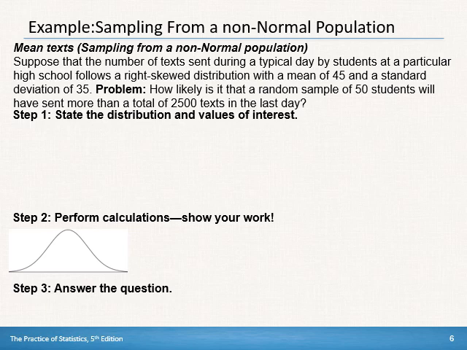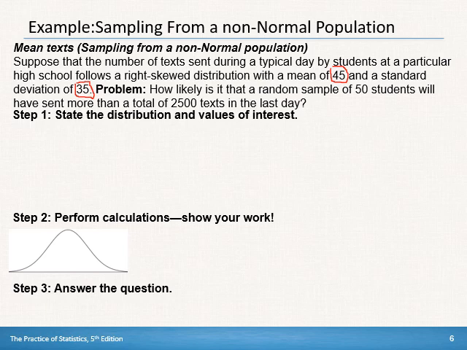So remember too that our calculations for the mean and standard deviation of our sampling distribution are dependent on the mean, which is 45, and the standard deviation, which is 35, of our population distribution. And now those formulas work regardless of whether or not our population distribution is normal or not.